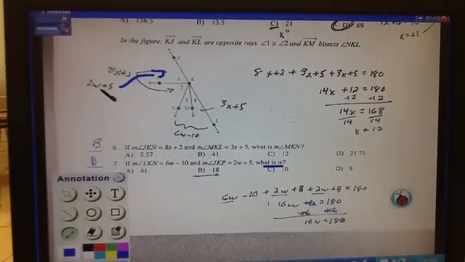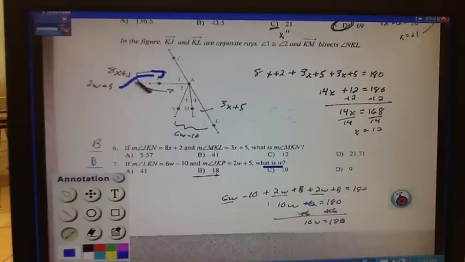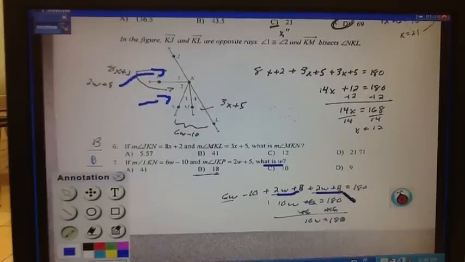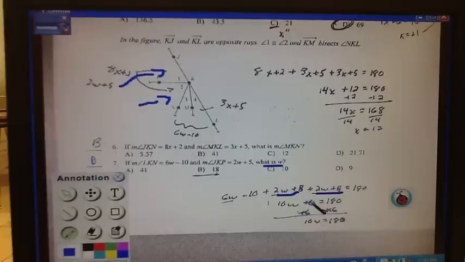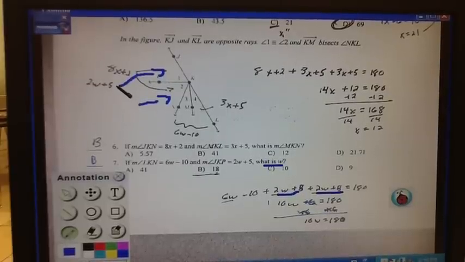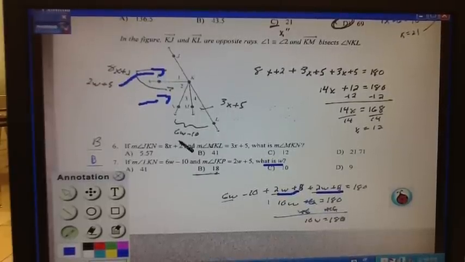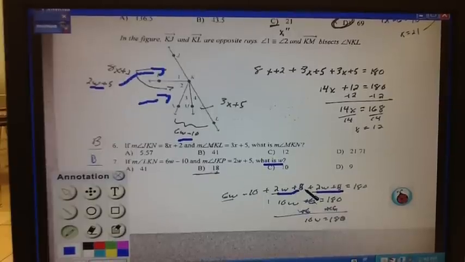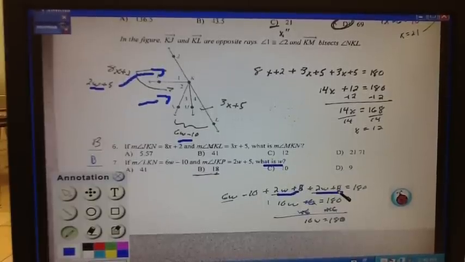So remember, if this one's 2W plus 5, this one here is 2W plus 5 as well. So that's why I got it written twice, 2W plus 5 and 2W plus 5. Look, I even messed up somewhere along the lines there. So I added the 6W minus 10, 2W plus 5, and a 2W plus 5.